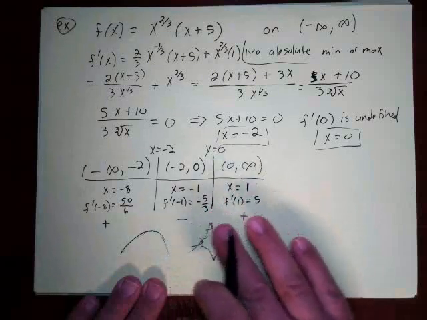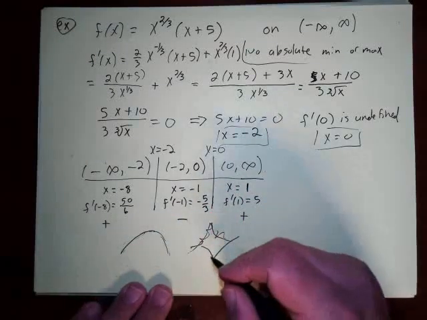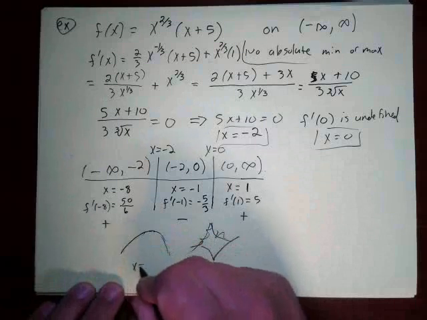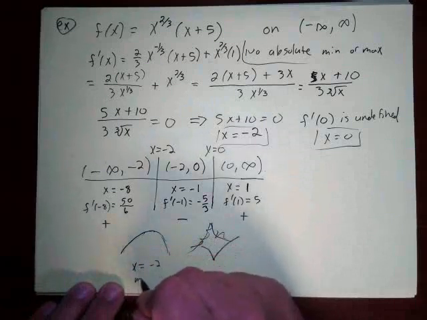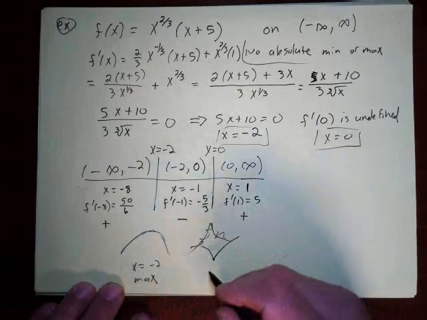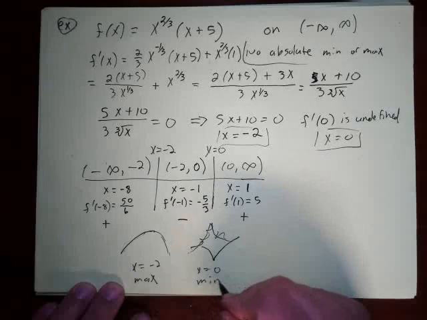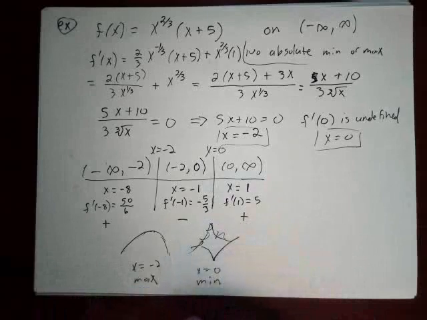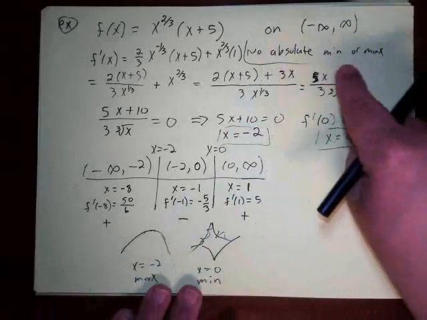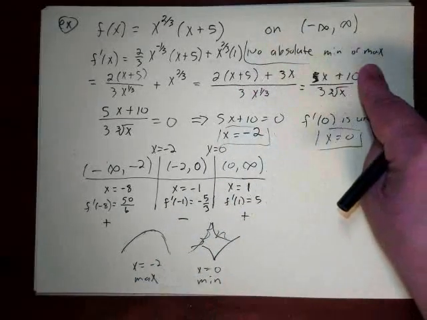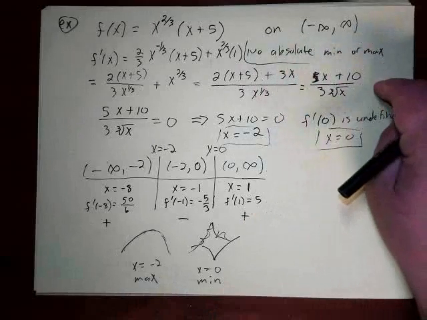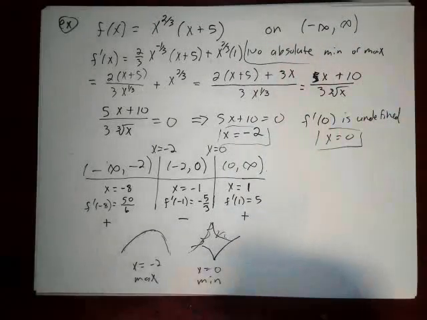If it switches from negative to positive, it's going to be a min. So x equals negative 2 is a relative max, and then x equals 0 is a relative min. And neither of these are going to be absolute min or absolute max over the entire domain, because this function has no absolute min or max.